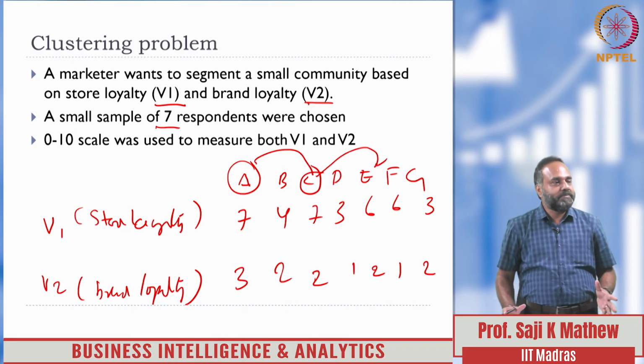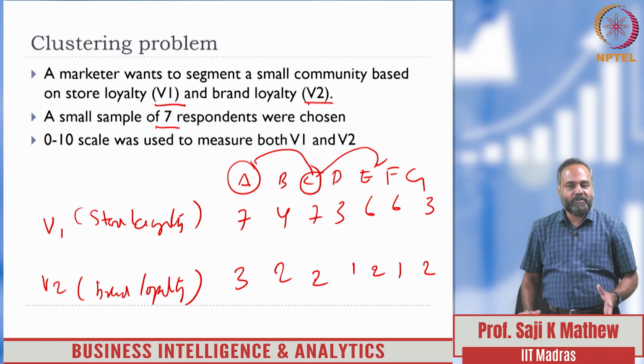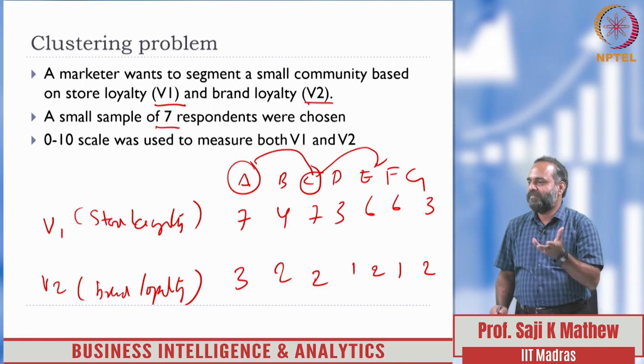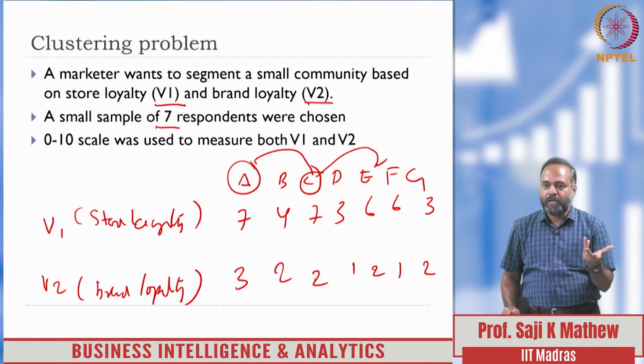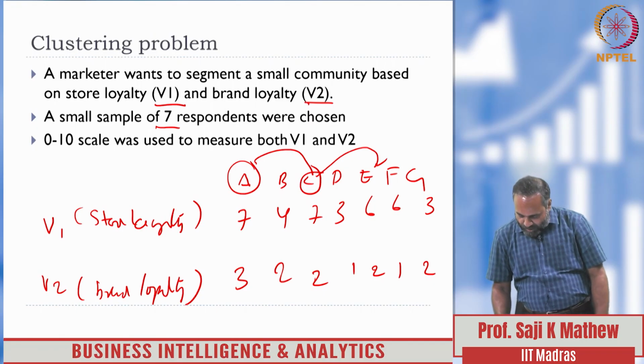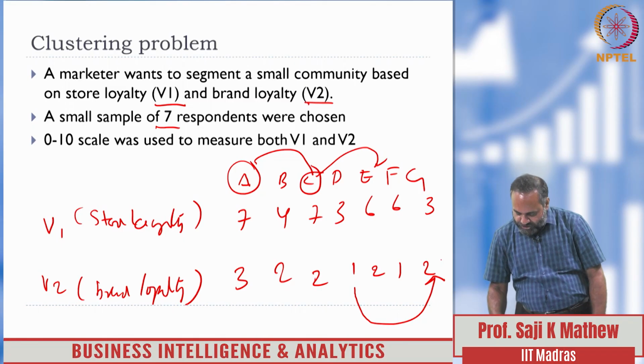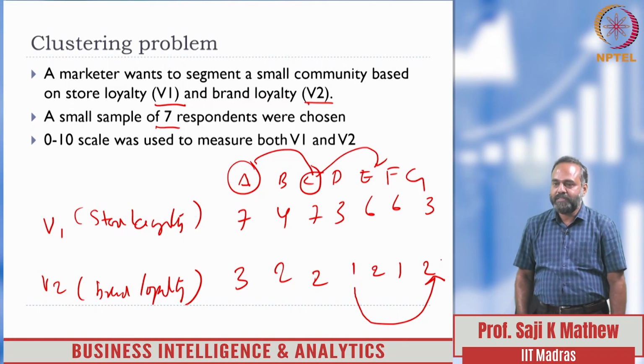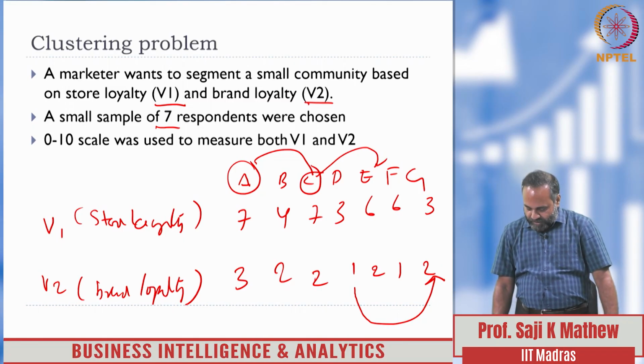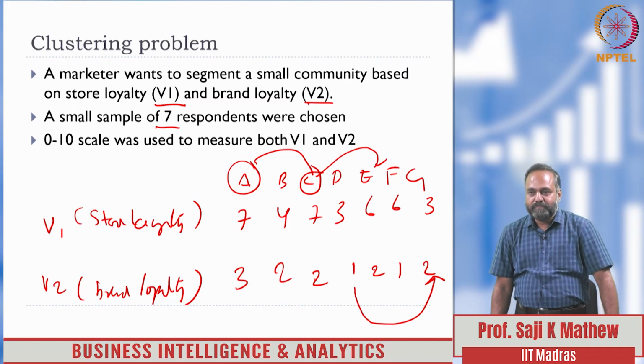They are one club. By looking at the data itself, you will suggest their experience is similar. And look at D and G, 3 1 and 3 2, they are also very similar.